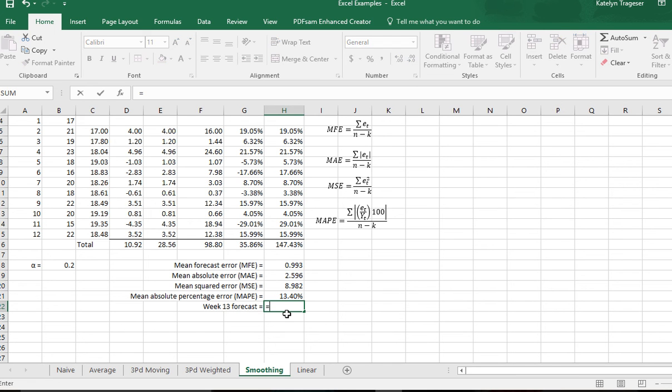So now we come to our week 13 forecast, and again we need to take into consideration our alpha. So here we have equals our previous actual value multiplied by our alpha plus our previous forecast now multiplied by 1 minus alpha.